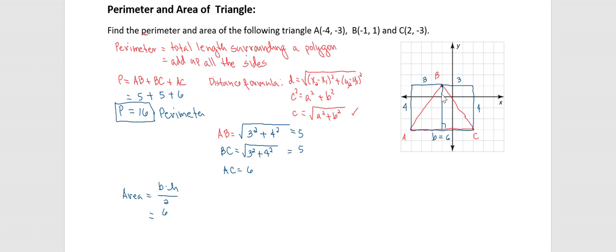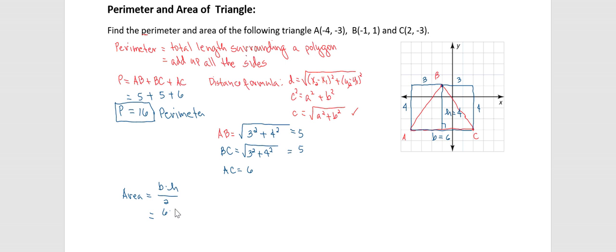Now that height is already a vertical line segment, so you can just count the number of vertical units from point B to the side AC. So 1, 2, 3, 4. So the height is equal to 4.